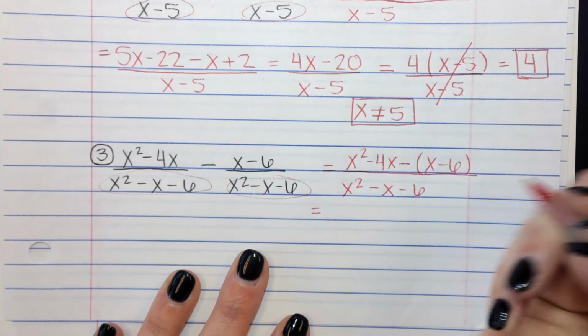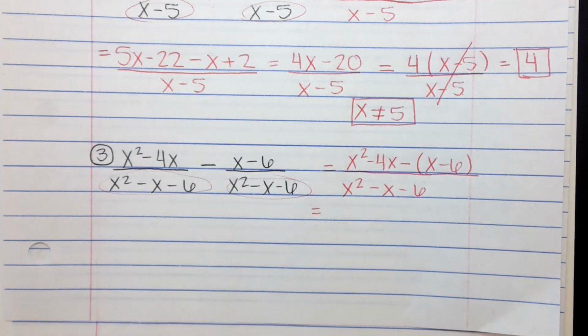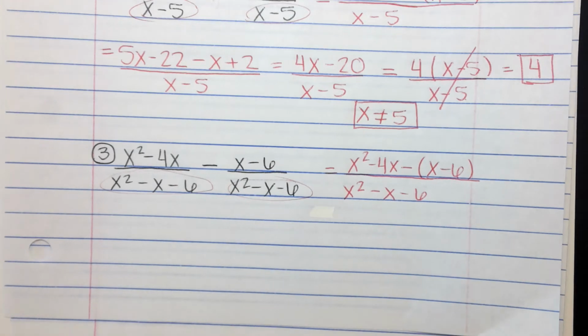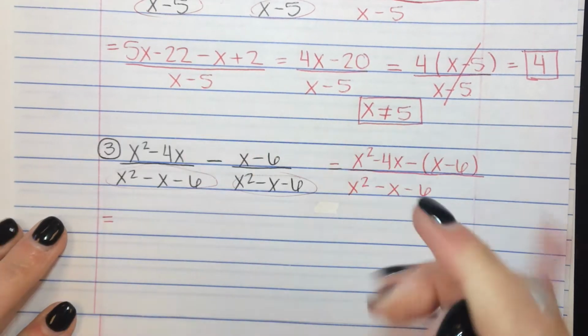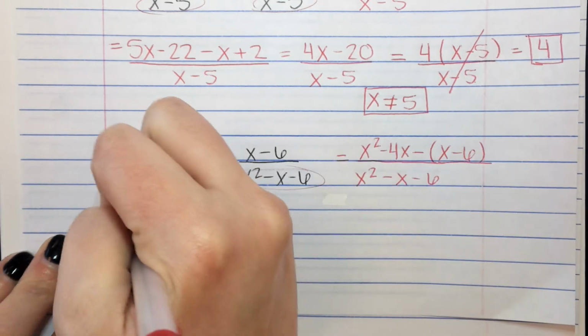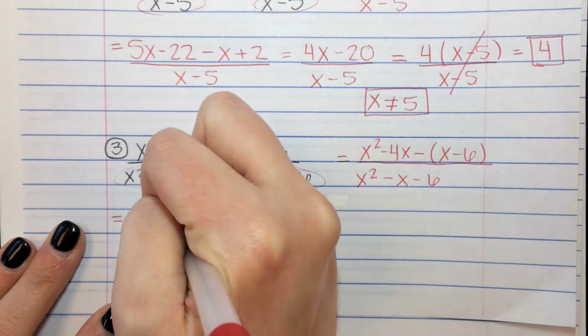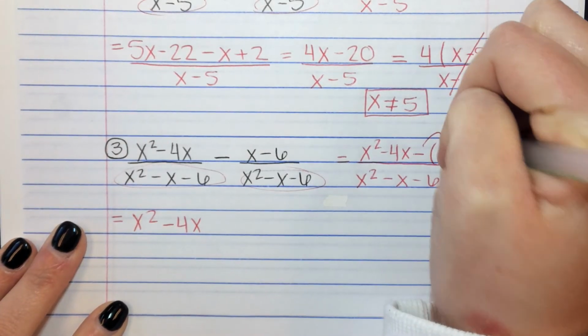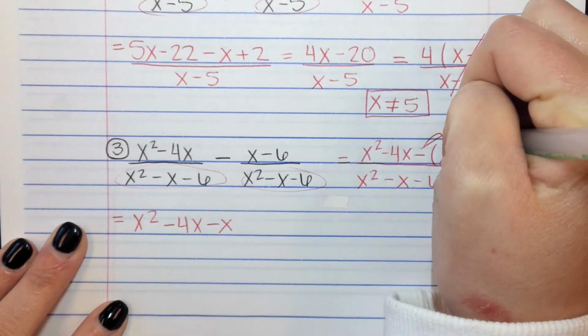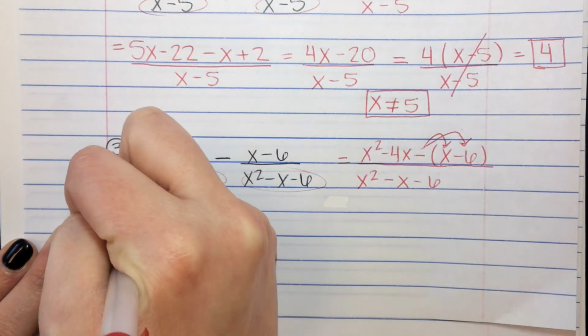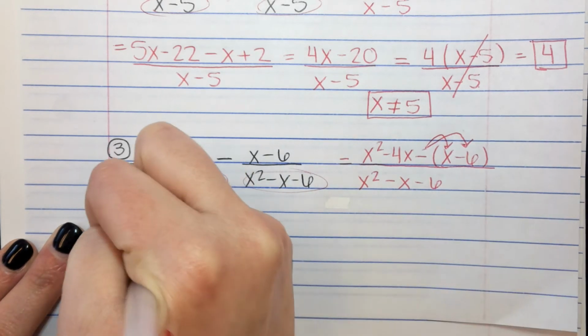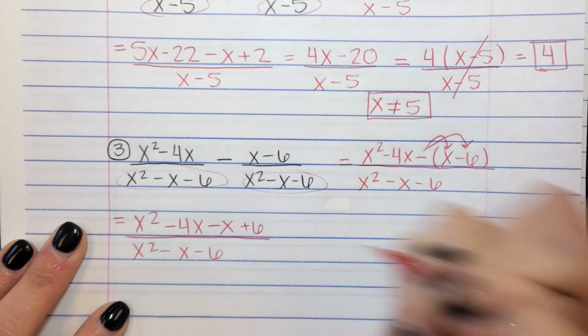I'm going to scoot that over here just so I have more space. So on the top, I have x squared minus 4x minus x plus 6. And on the bottom, I have x squared minus x minus 6.